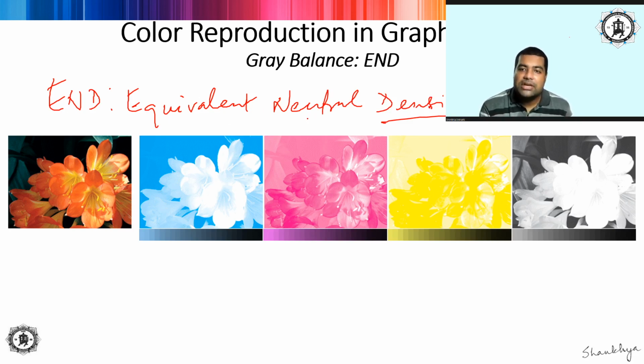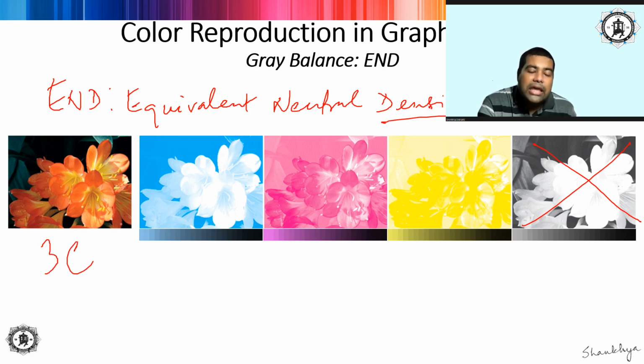Equivalent neutral density, or END, refers to the densities of individual process inks, that is the cyan, magenta and yellow inks, that produces a neutral gray. Okay. So for example, the image that you see in front of you, what I would like you to consider is, we are going to omit the black channel right now and consider that this is a reproduction using the three colors, cyan, magenta and yellow colors, right?